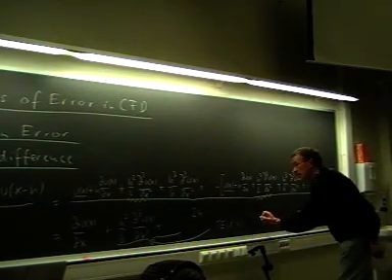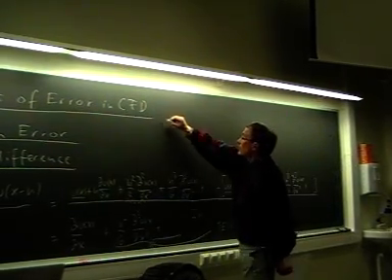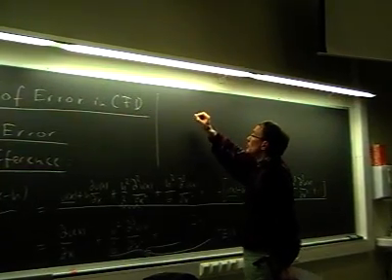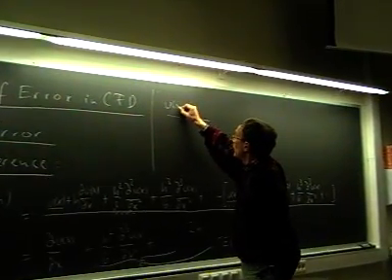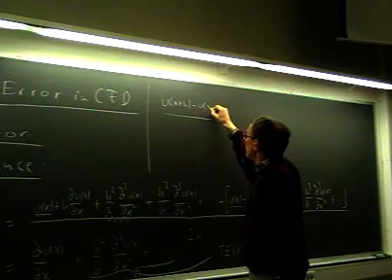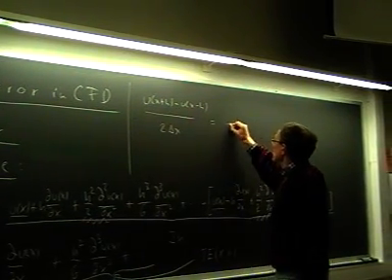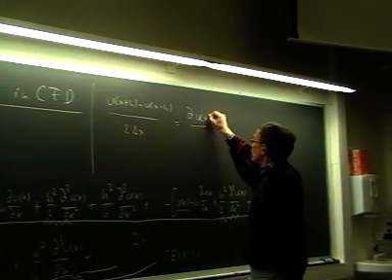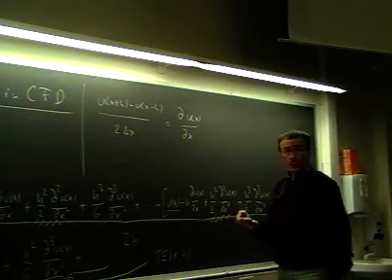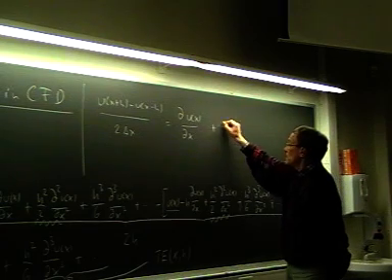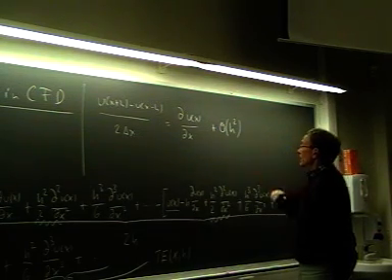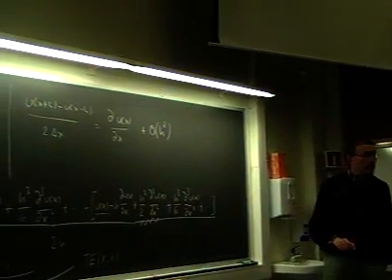So we can then say that the central difference, say u of x plus h minus u of x minus h divided by 2 delta x is equal to the first derivative of u with respect to x plus truncation error, which is of order h squared.